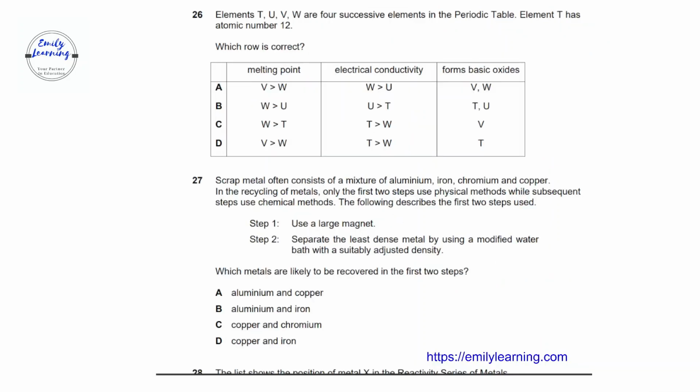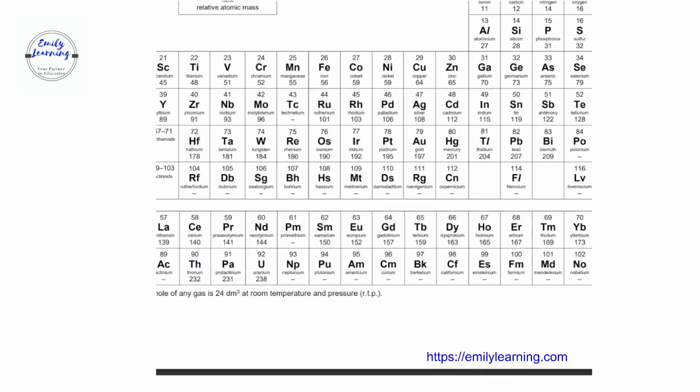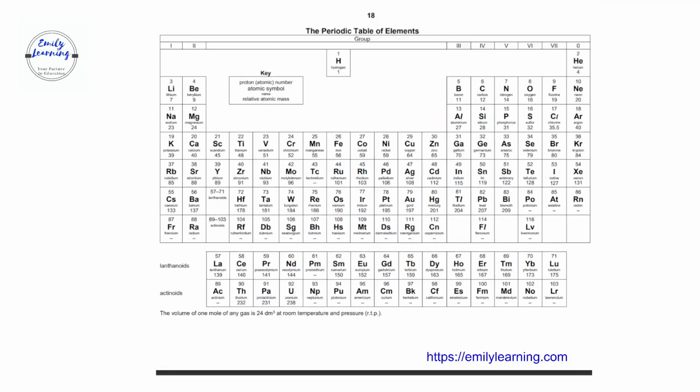Let's take a look at question 26. In question 26, elements T, U, V, and W are 4 successive elements in the periodic table. Element T has an atomic number of 12. So once we know that, we can go straight to the periodic table and determine what it is. Atomic number is the number on top. If you look at this key here, the one that has an atomic number of 12 is magnesium.